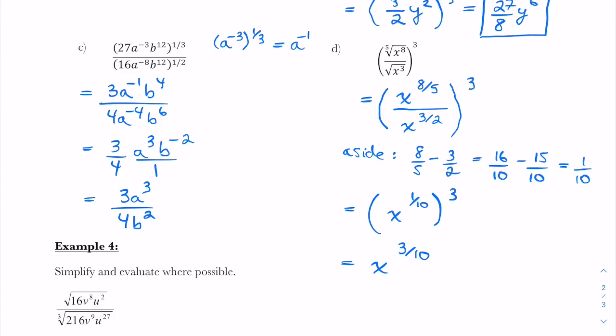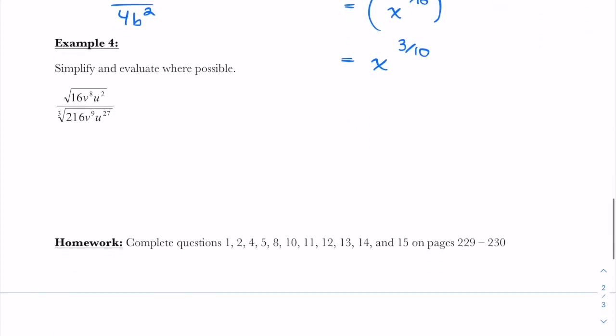All right, last but not least, example 4, simplify and evaluate where possible. This is very similar to part C of example 3. I'm going to begin by writing everything as a rational exponent. So in the numerator, we have 16 v to the 8 u squared, all raised to the exponent of a half.